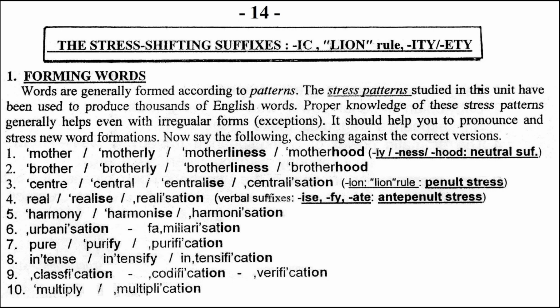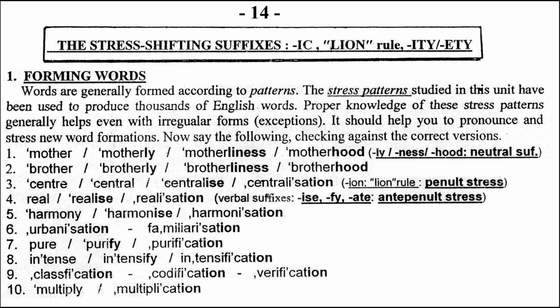Next word is harmonization. So we have two stresses, the primary and the secondary. We talk about the primary. The primary is because we have the ION suffix, which is a stress shifting suffix under the line rule. So the primary will fall on the penult. We know that. But because we have 3 syllables before the primary, we need a secondary stress.